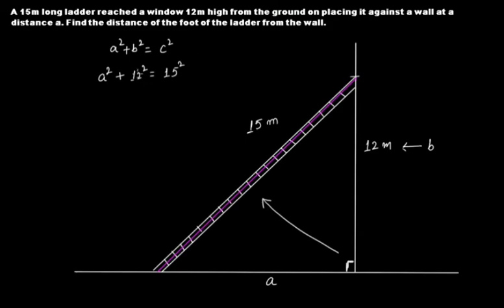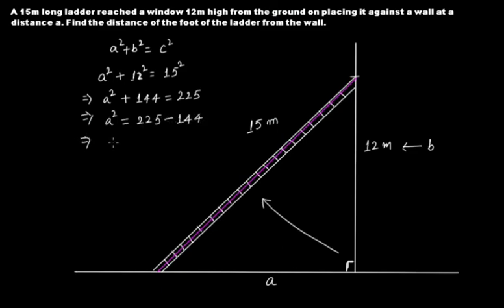Okay, so if you solve this, you'll get a square plus 144 is equal to 225, and if you solve it further, a square is equal to 225 minus 144.